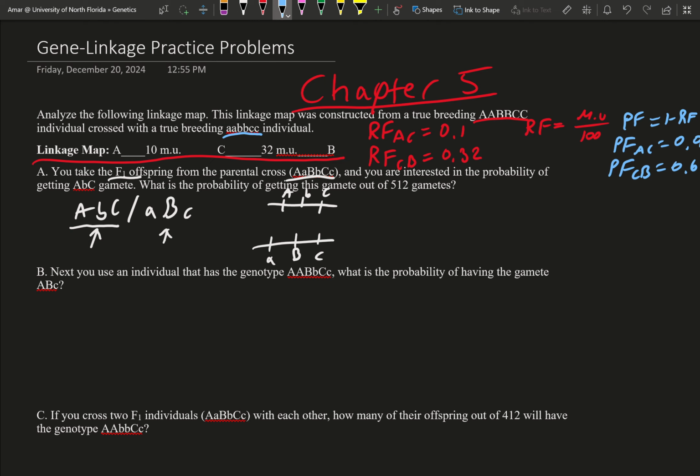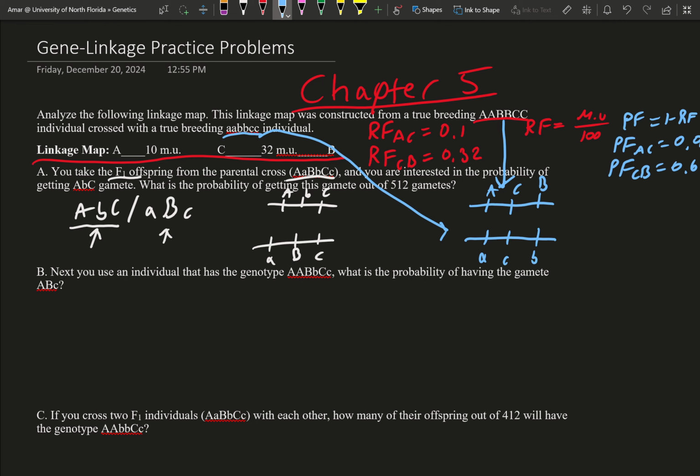So how can we determine that? We can say that this is the dad. The dad is giving a homologous chromosome that is all big A, big B, big C. And then the mom, on the other hand, is giving another chromosome that is all recessive.